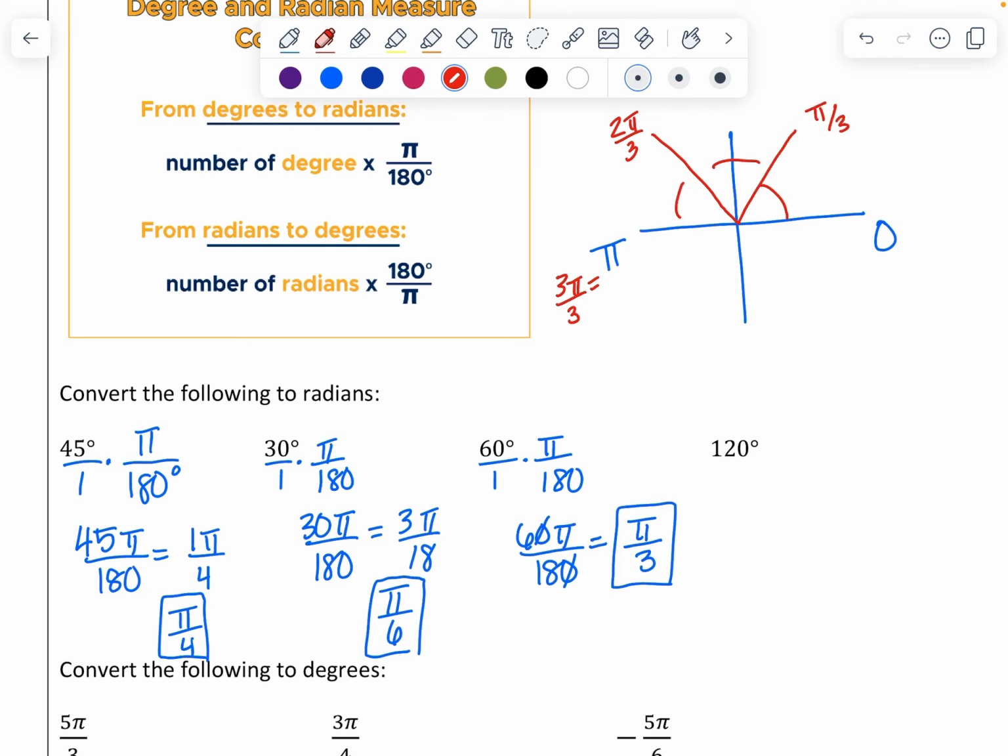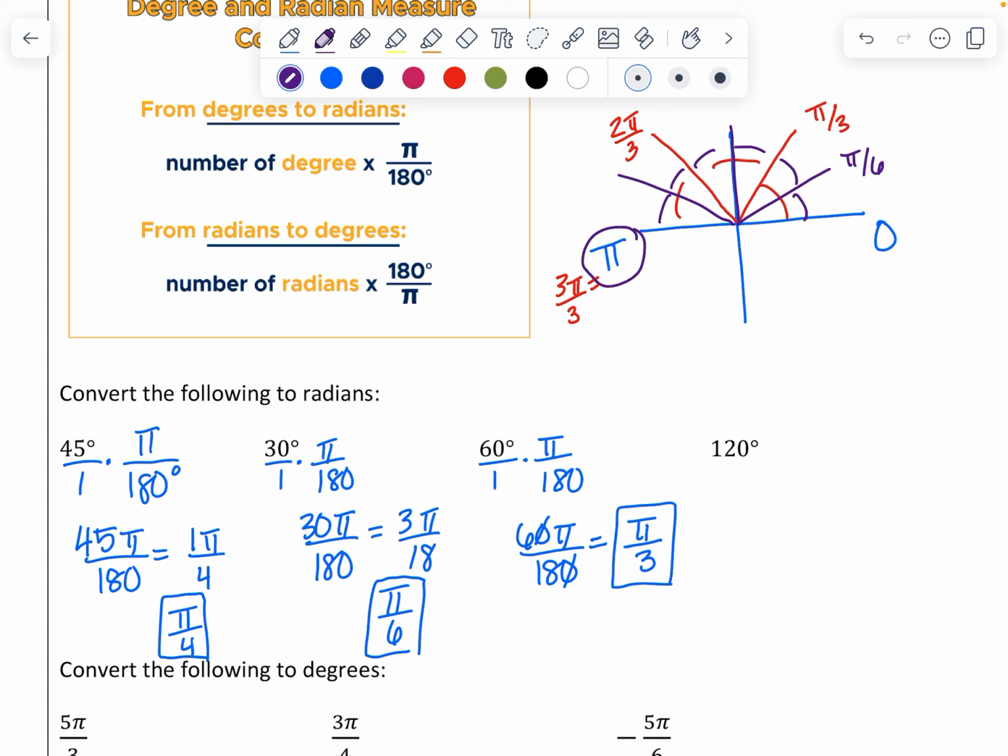It's equal thirds. And then 30 degrees is half of 60. And so that splits it into 1, 2, 3, 4, 5, 6 pieces. So each 30 degrees is pi over 6, taking that pi into 6.